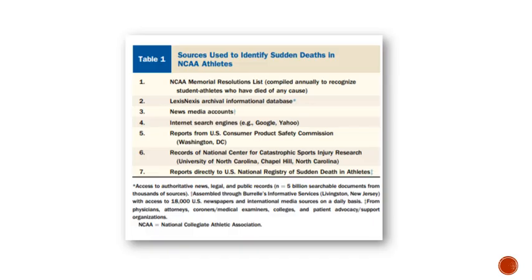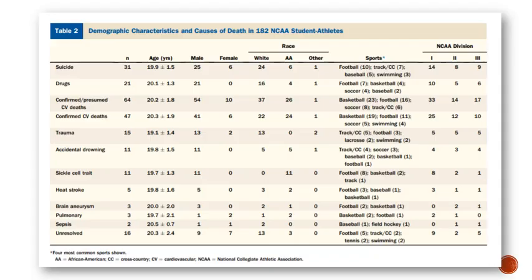And then because there were so many different sources, it made for a nice table. Again, in epidemiologic studies, they can be very dense with data. And so if you can create tables and figures that bring things to life, I think that's really beneficial. Excellent table here, characteristics and causes of death in 182 NCAA student athletes. And it's really interesting to see the number per the different categories.